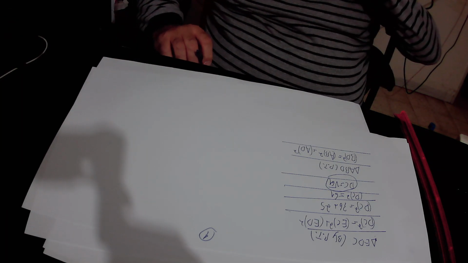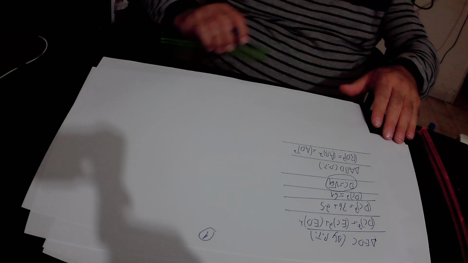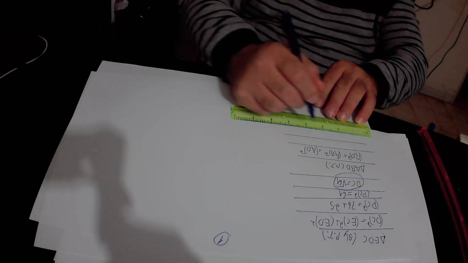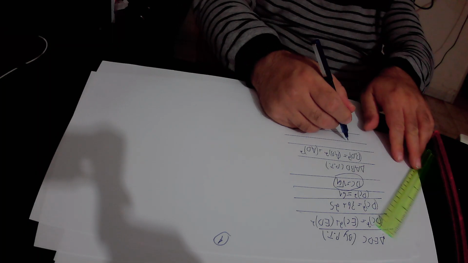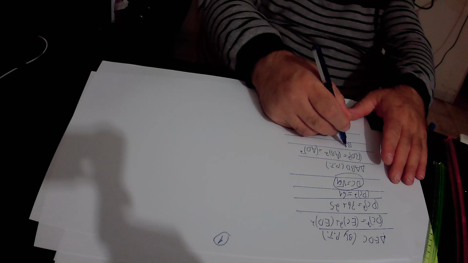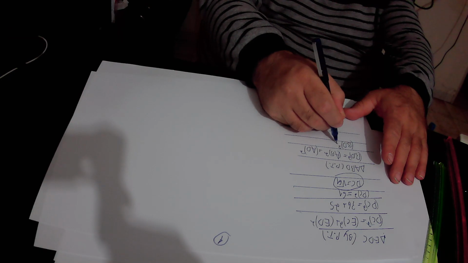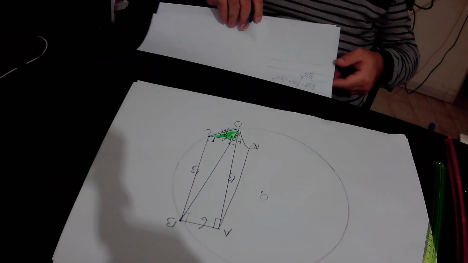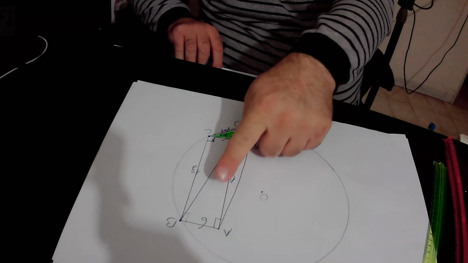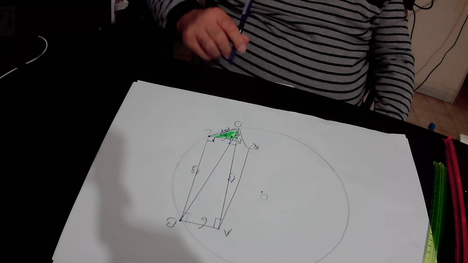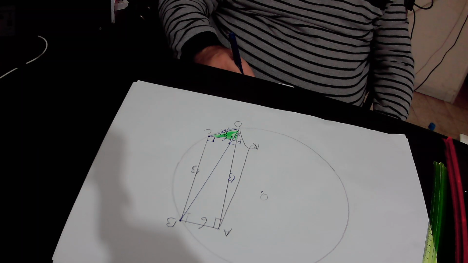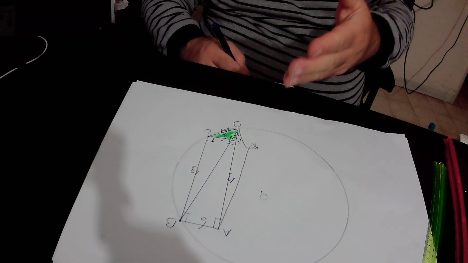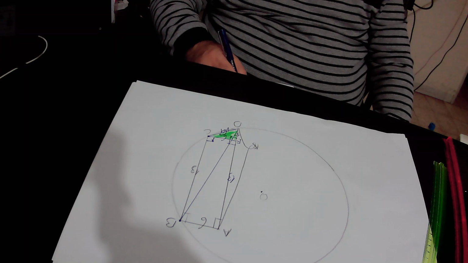So BD squared equals AB squared. AB equals 6 units, therefore AB squared is 6 squared, that is 36, plus AD squared. AD equals 18 units, therefore AD squared is 18 squared, that is 324.